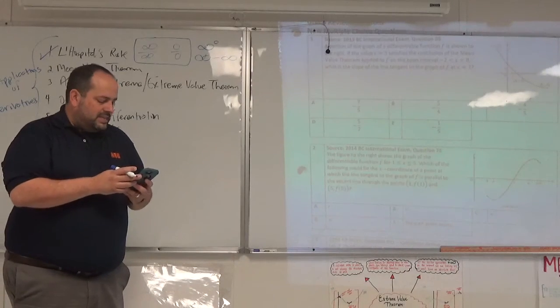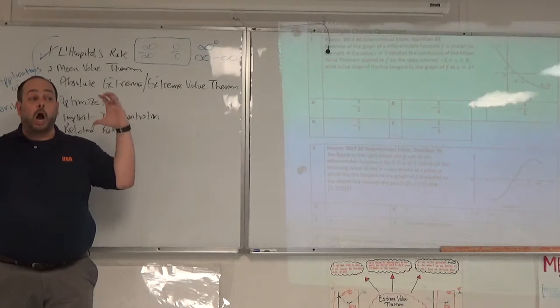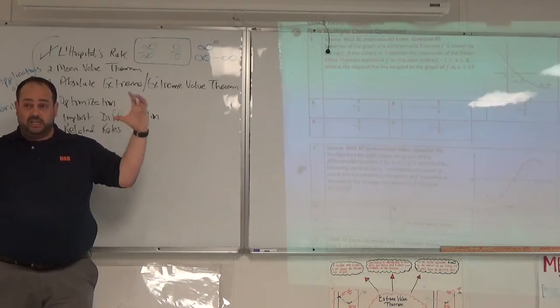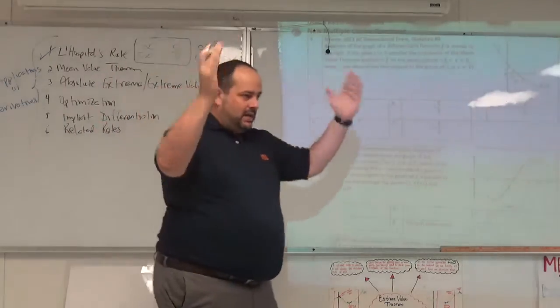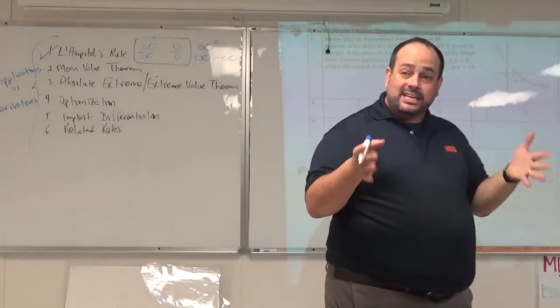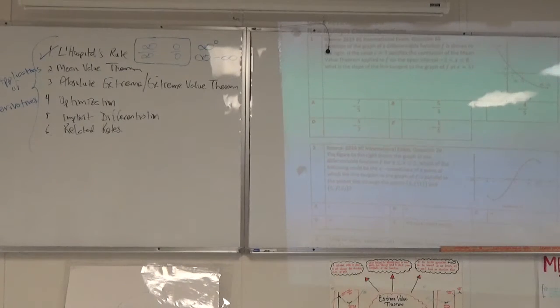The function has to be continuous on a closed interval. Lewis, what's the other part? Differentiable on the open interval. Those are the conditions you need for the mean value theorem. But the promise of the mean value theorem, what does it give you? It guarantees you a point c in between a and b.